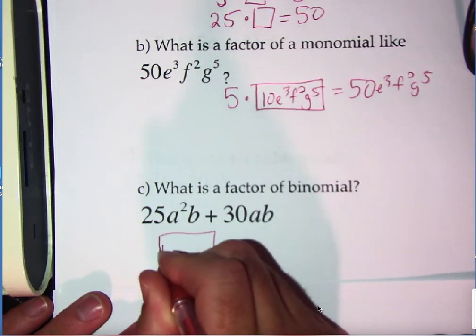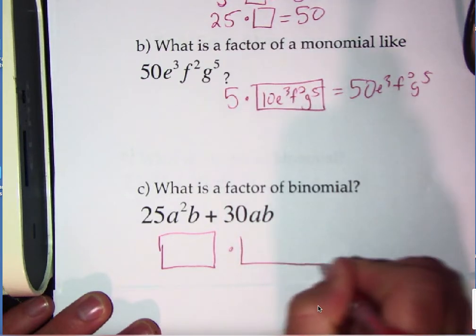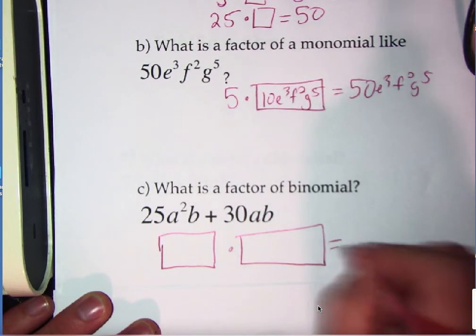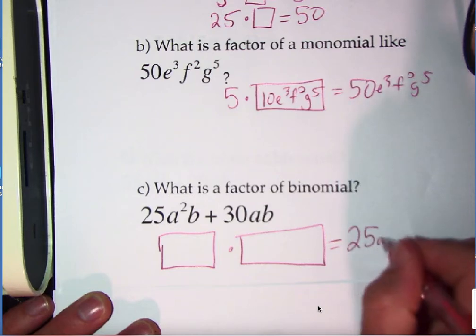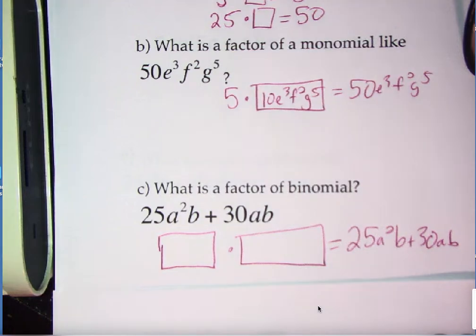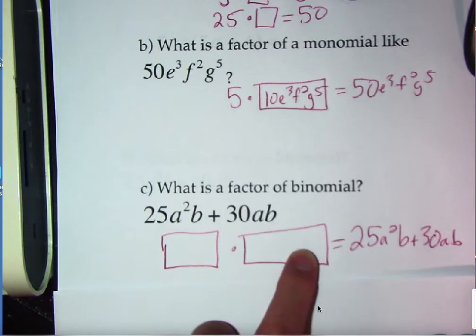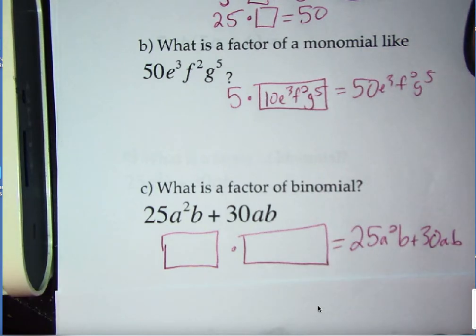In this case, we're thinking of what times its pair could equal 25a squared b plus 30ab. So something times something equals this. And that's basically what we've been pushing with the idea of a factor. What times what equals that?